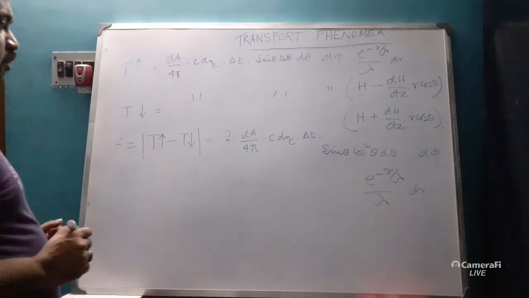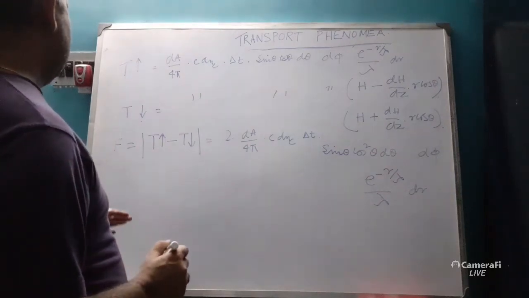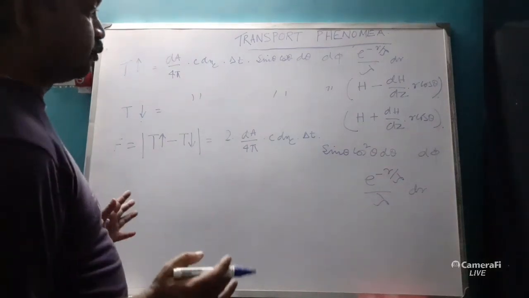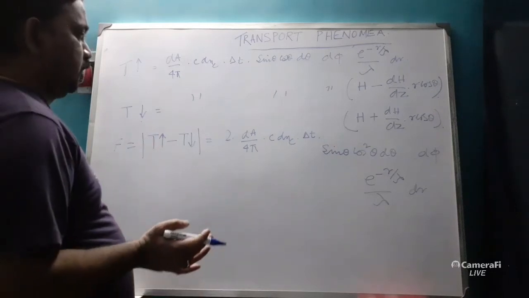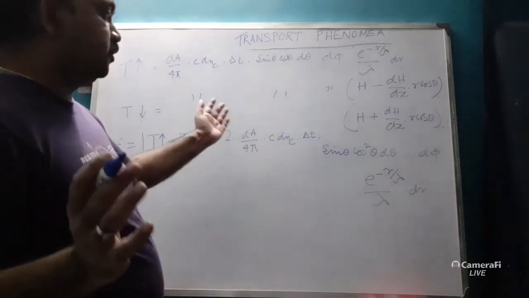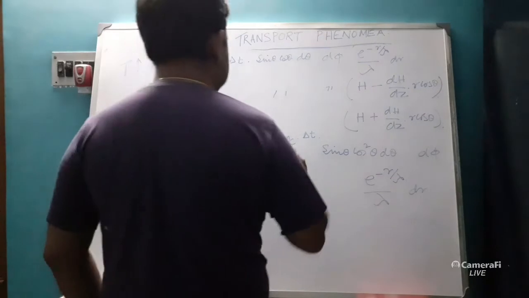So the net transport that is happening in this whole system can be found by integrating this whole expression within the limits.